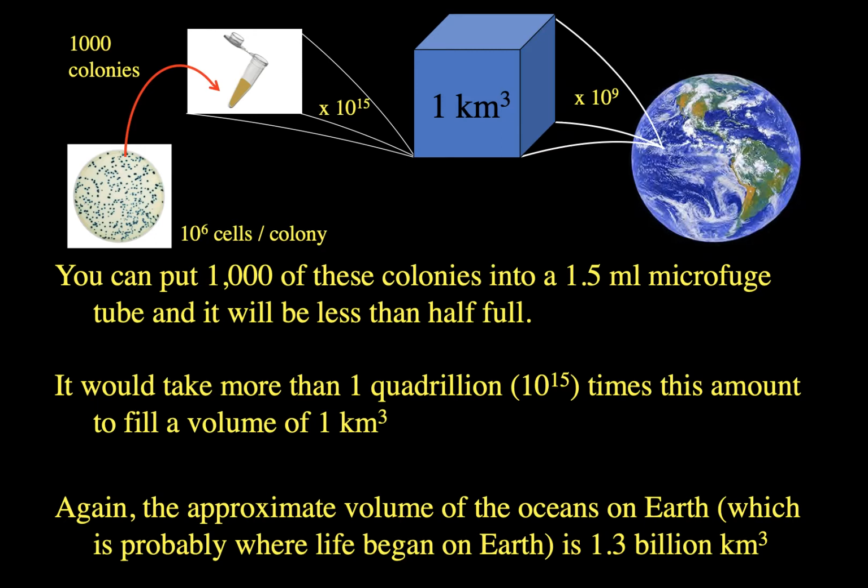So there's a lot of opportunity for these cells, or any cells, to find a niche within the ocean, on the land, in the Earth's crust, in the atmosphere, to survive. So therefore, all I'm saying is early on Earth, there were many opportunities once life started for it to expand and expand throughout the oceans, especially at first, and then onto the land and into the atmosphere as well.